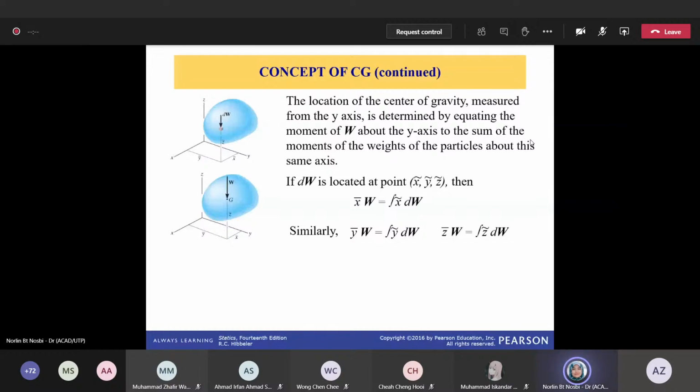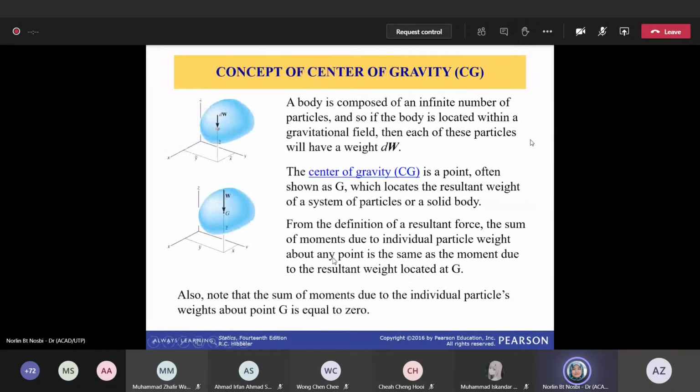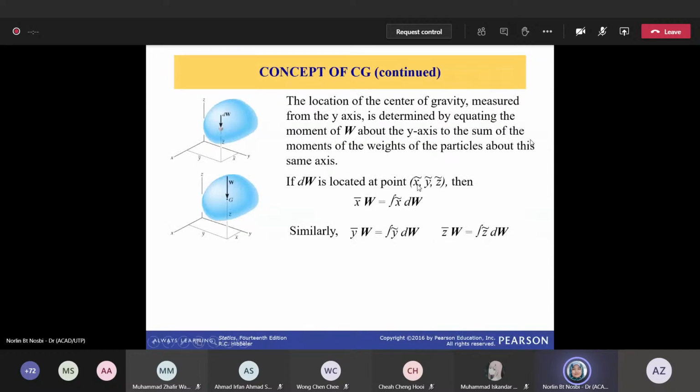Sorry, this one: X tilde, Y tilde, and Z tilde is for the dW. dW that I showed you before, right? dW is the particle weight; each particle inside has its own weight. So you label it as dW, and the location of the dW is X tilde, Y tilde, and Z tilde.